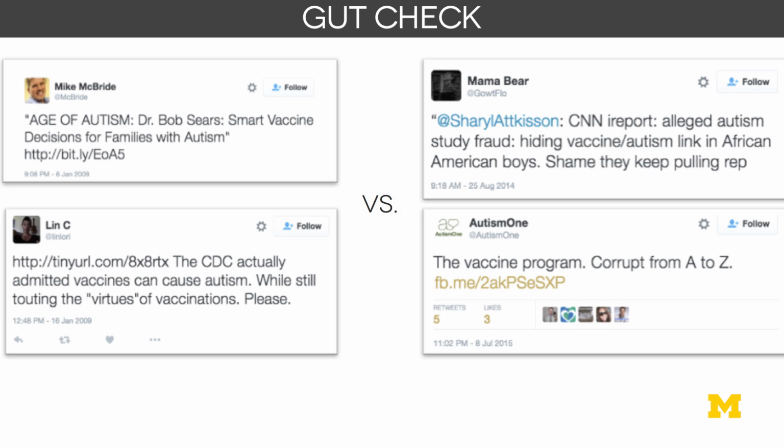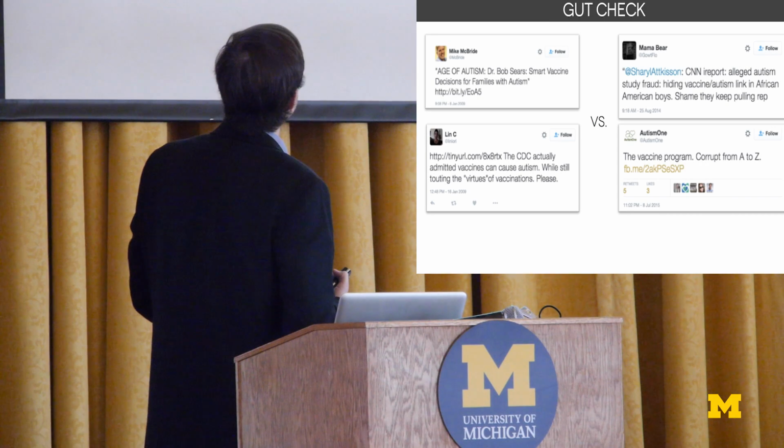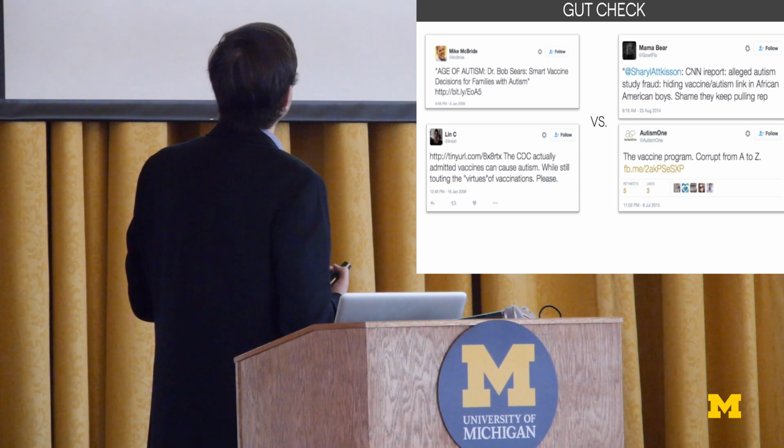So if you just compare the two. On the left we have the gold standard data that was looked at by humans, and in general, just pulling out some examples, we saw people saying things like, the CDC actually admitted vaccines can cause autism while still touting the virtues of vaccinations.